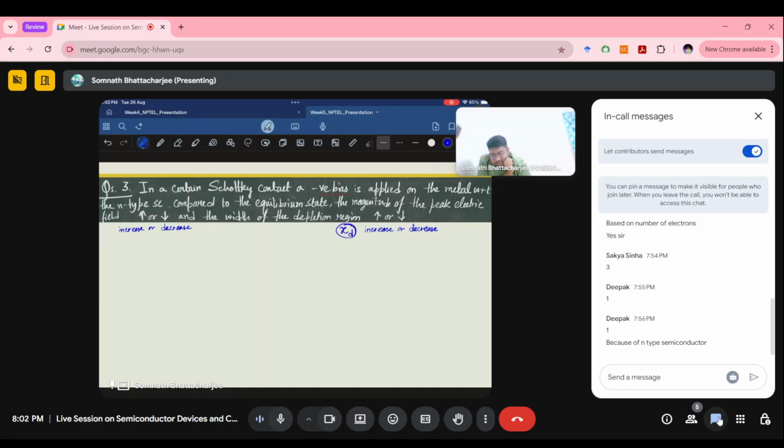Depletion width is xd, and the peak electric field is psi max. So what would happen? Increase, which one? The first one or the second one?